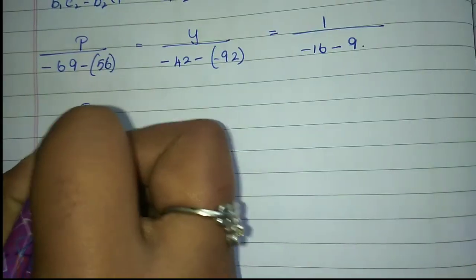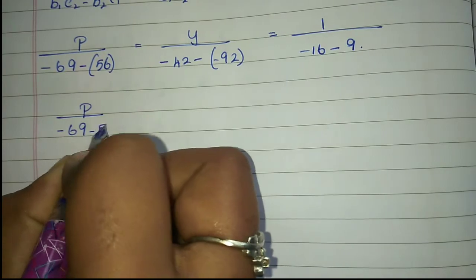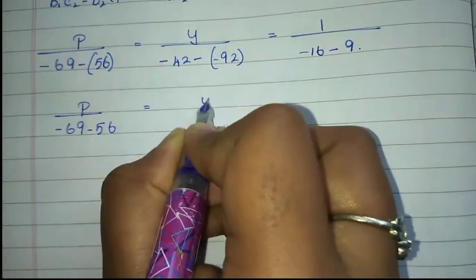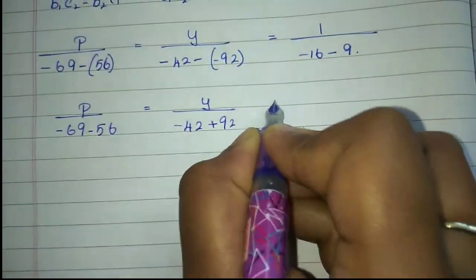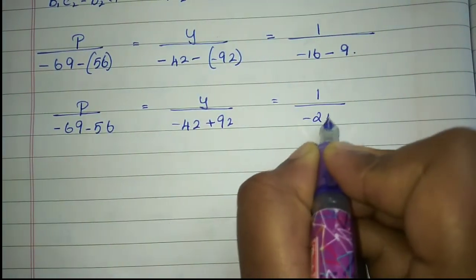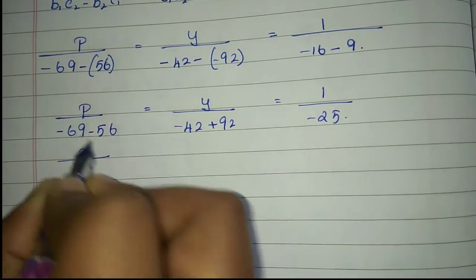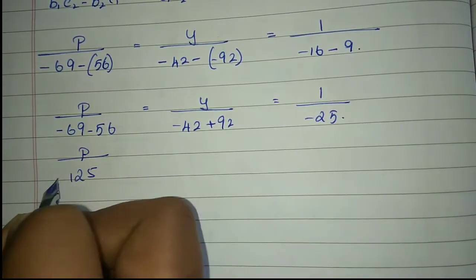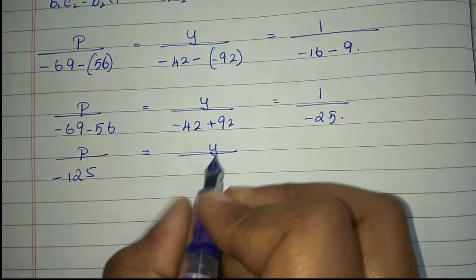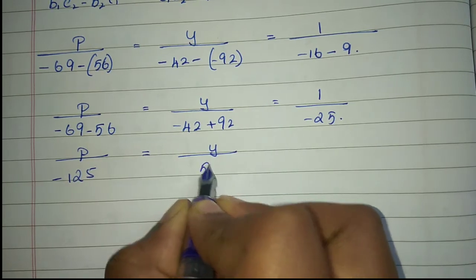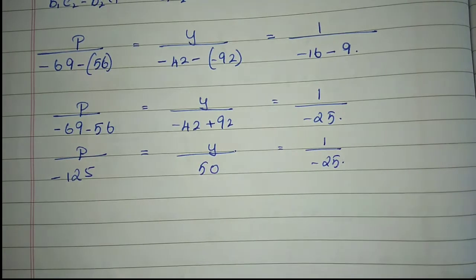Okay. So p divided by minus 69 minus 56 is equal to y by minus 42 plus 92 is equal to 1 by minus 25. And here p divided by minus 125 is equal to y by 50 is equal to 1 by minus 25.